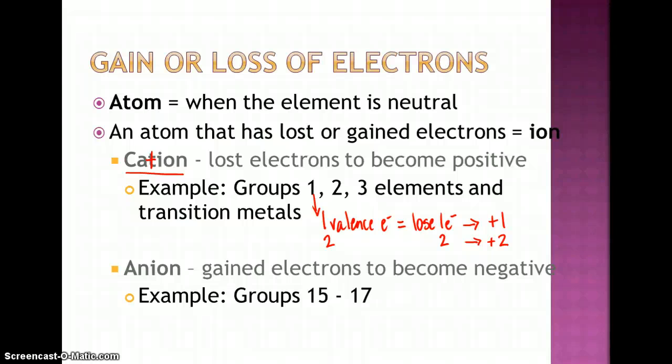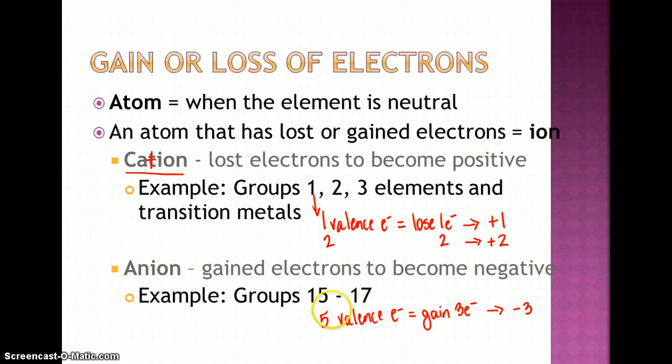So group 15 elements have 5 valence electrons on their outermost ring. They want to get to 8. So instead of getting rid of all 5 of those electrons, these are going to try and gain 3 electrons so that they form a negative 3 charge.